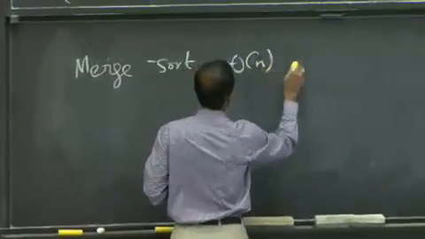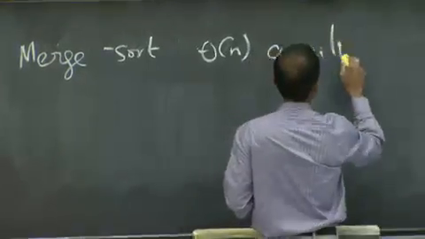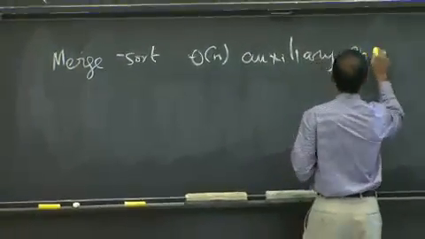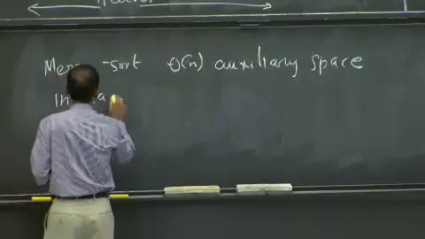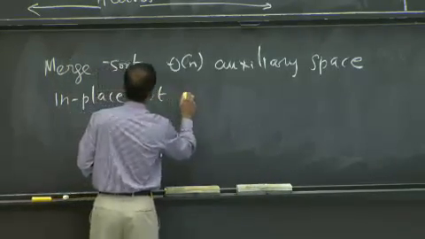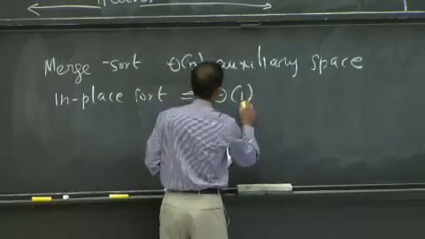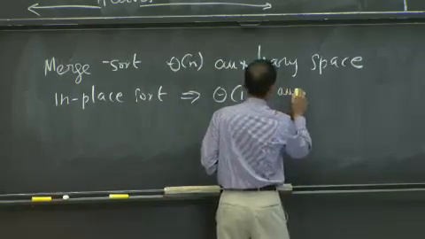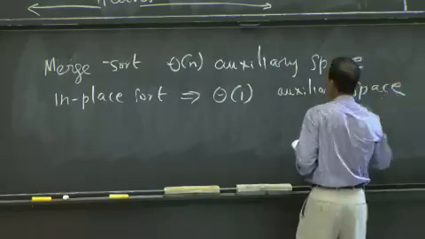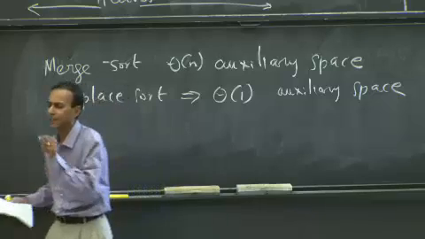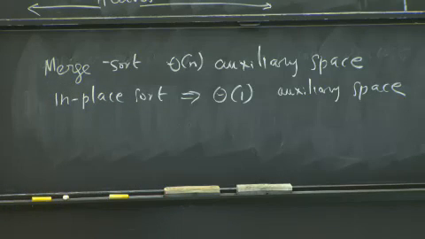So merge sort, you need theta n extra space. And the definition of in-place sorting implies that you have theta 1 constant auxiliary space. Okay? The auxiliary space for insertion sort is simply that temporary variable that you need when you swap two elements. Right?